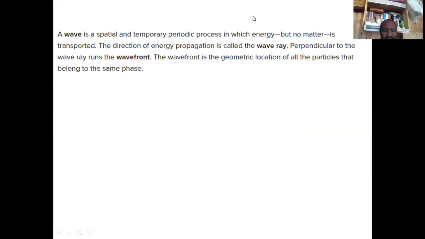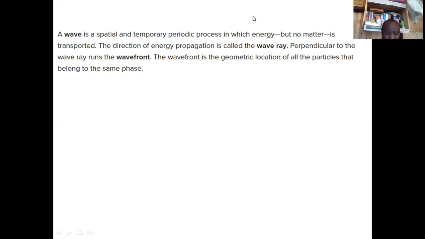Then we look at the waves. And before we discuss what waves are, it is important to say that often when you have a body undergoing some oscillation, that is where waves emanate from, and then they travel.